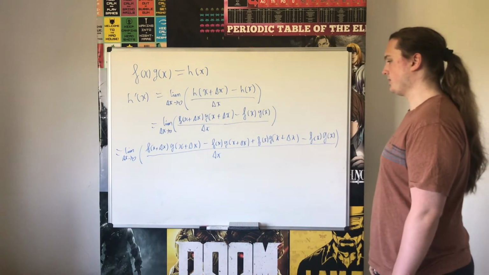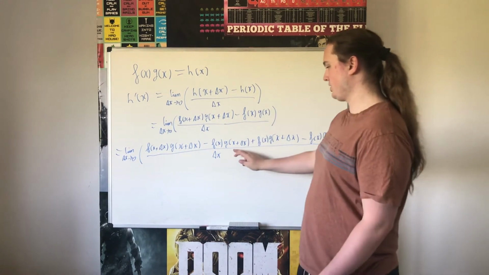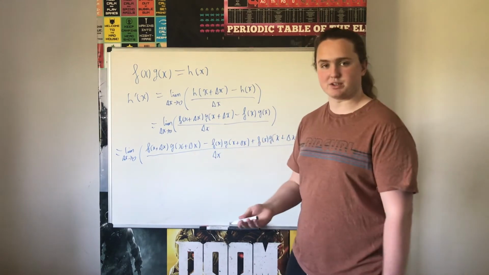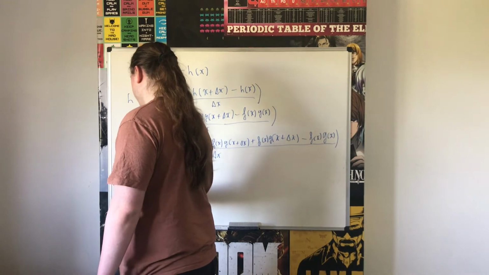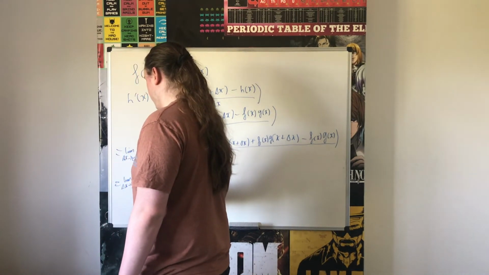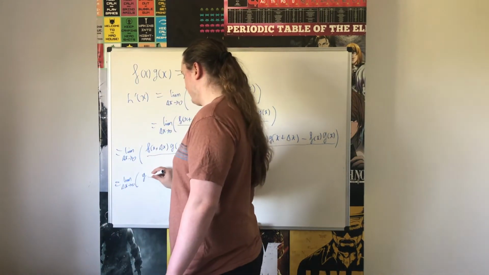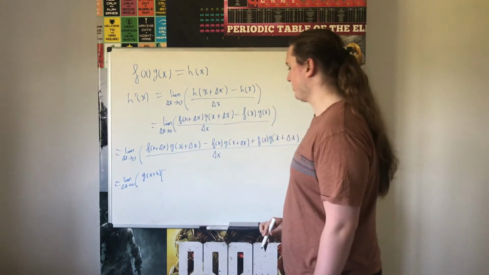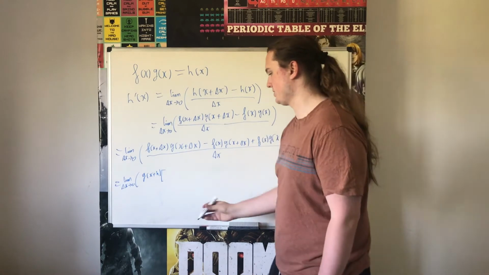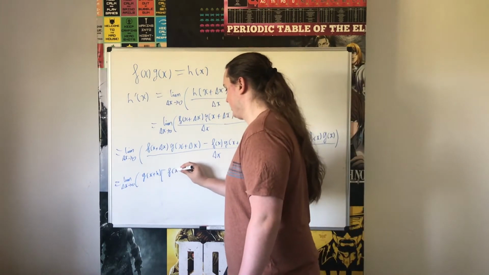Okay, so now we see that this term and this term have a g of x plus delta x in common. So this becomes the limit as delta x approaches 0 of g of x plus delta x multiplied by, now we're going to take this delta x and put it as our denominator.